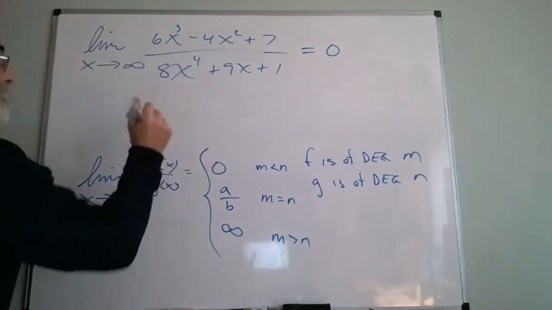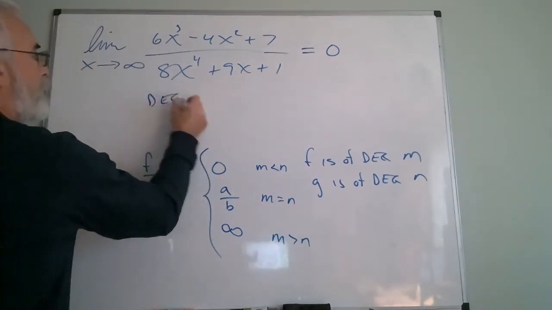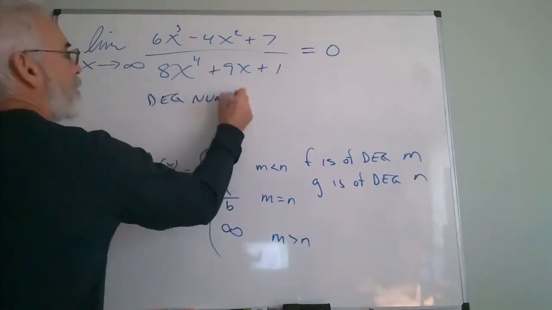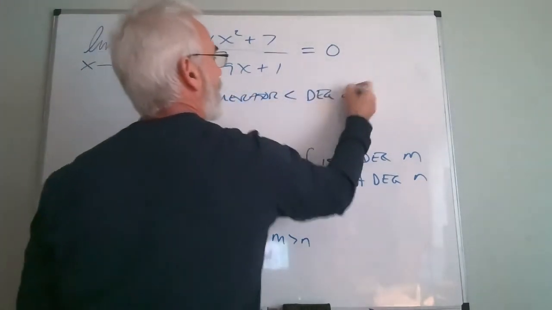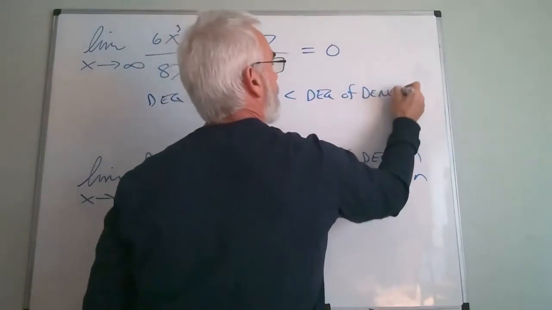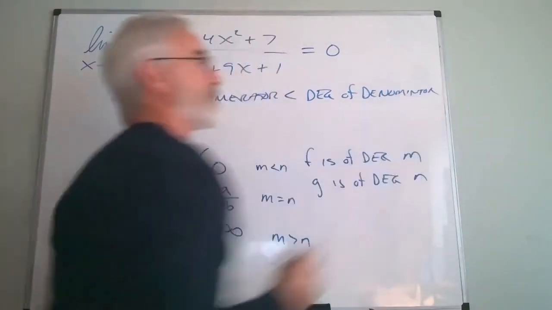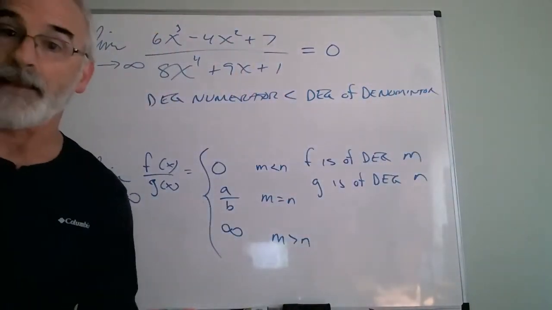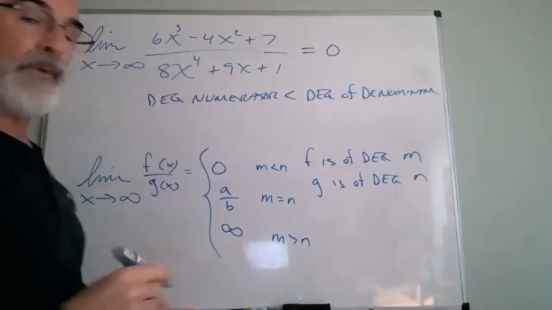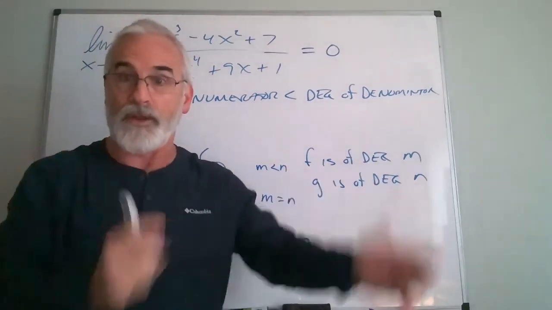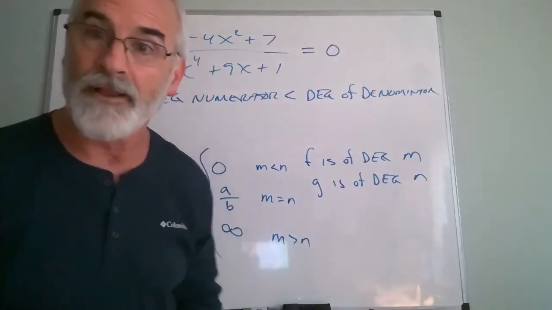And here's the justification. Degree of numerator less than degree of denominator. That is your justification, and that is totally acceptable to give. In fact, what I did earlier by multiplying top and bottom by 1 over x to the 4th, that's the algebraic way of getting the answer. It's absolutely correct.